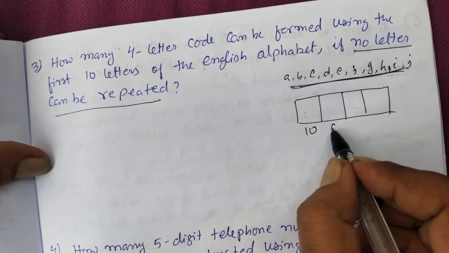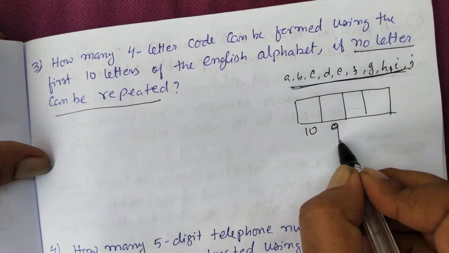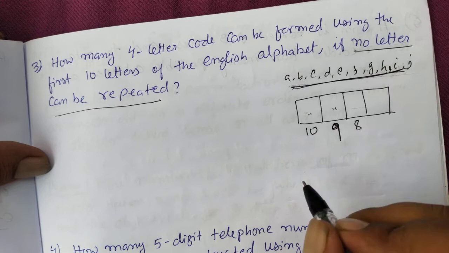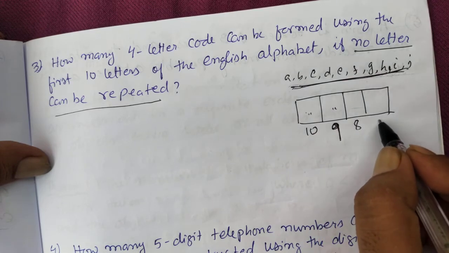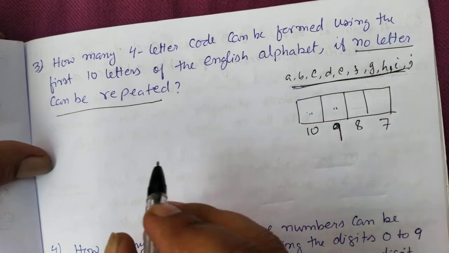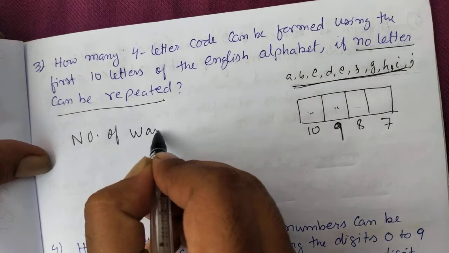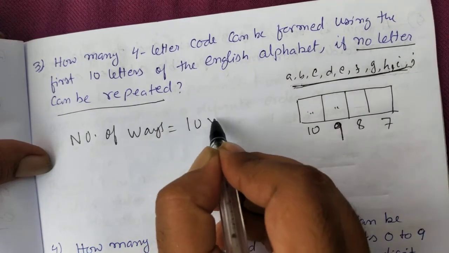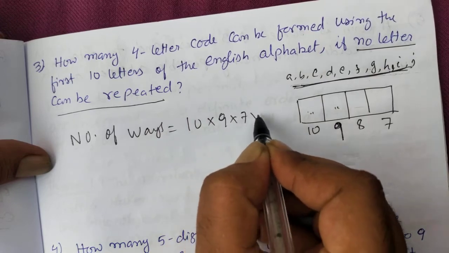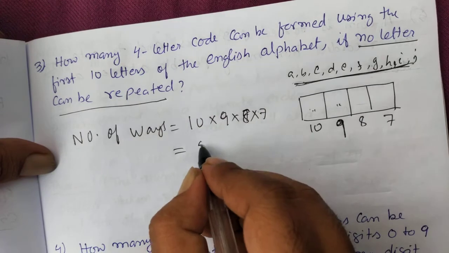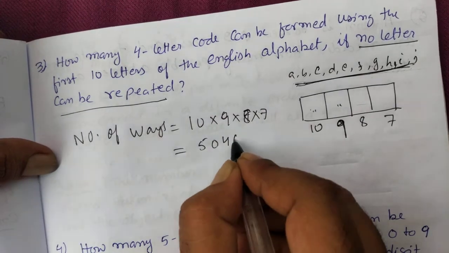That means only 9 letters will remain for the next box. If I use both, only 8 letters will remain, and for the last box only 7 letters will remain. So the number of ways will be 10 into 9 into 8 into 7. Multiply, that's your answer. 5040 is your answer.